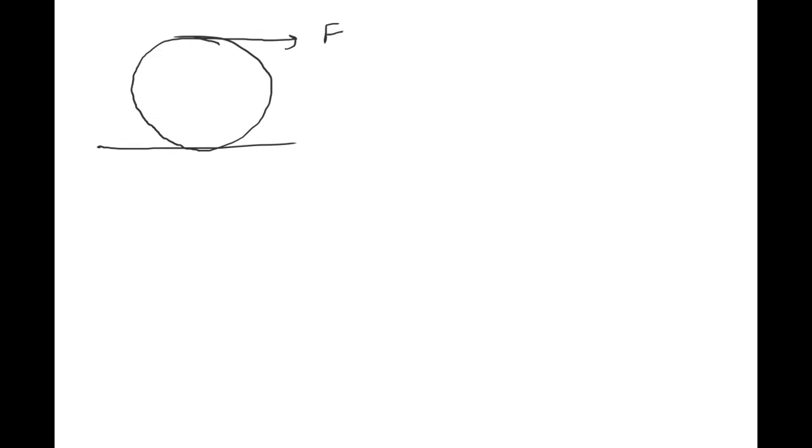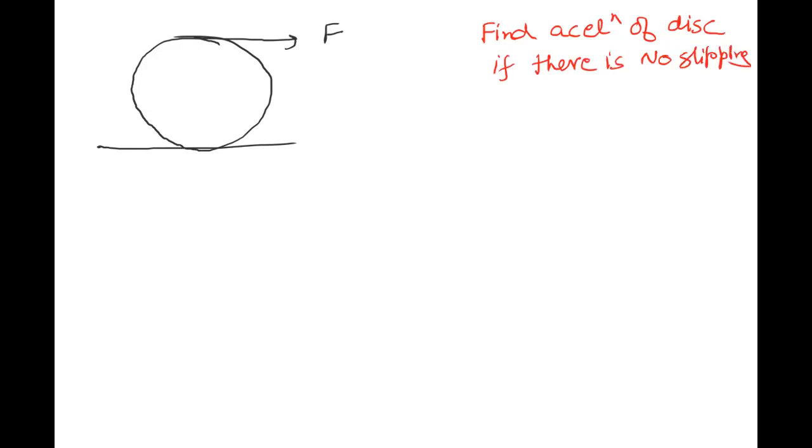So in this case, I want to find the acceleration of the disk if there is no slipping. And the radius is given as r, the mass is given as m.